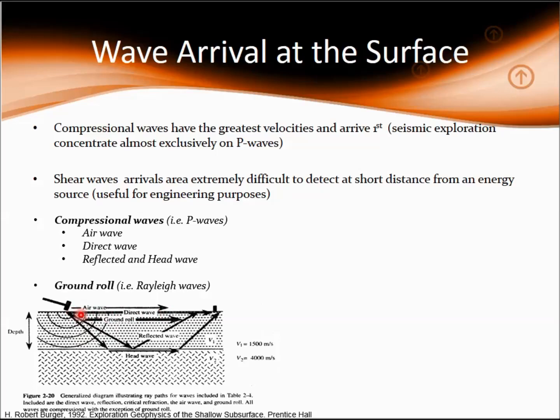Direct wave is a wave that propagates along or just below the surface. Reflected wave is when the wave meets a contrast in acoustic impedance and travels upward, so it will hit at any point. When it meets the higher velocity layer, it will go outward and be reflected upward.